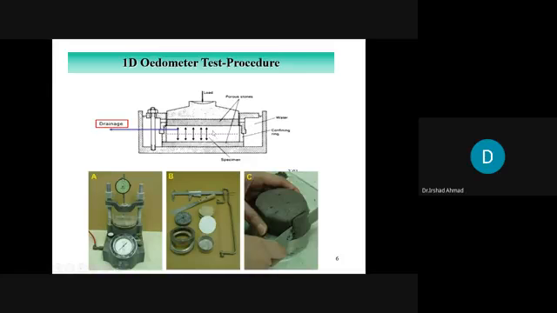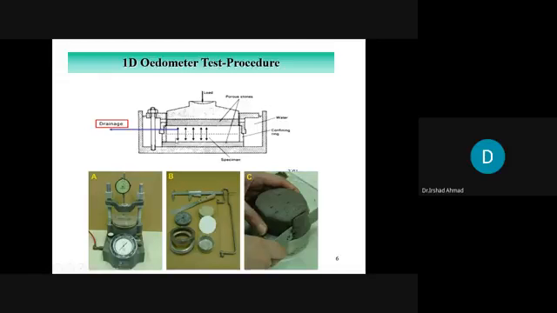The pore water pressure in this soil specimen is much higher because of the load compared to the water pressure outside, right? So the drainage would occur, and the drainage would occur only in the vertical direction. Some water would go up and some water would come down.